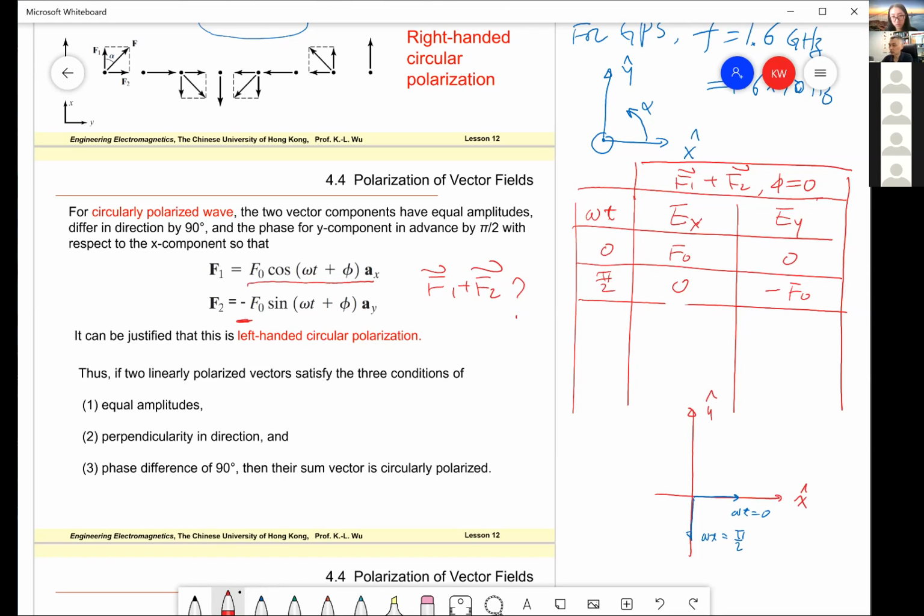All right, so let's move on. Another special value, equal to pi. So this is a minus f0.